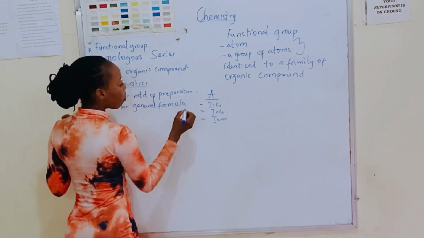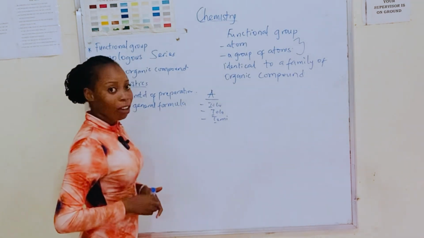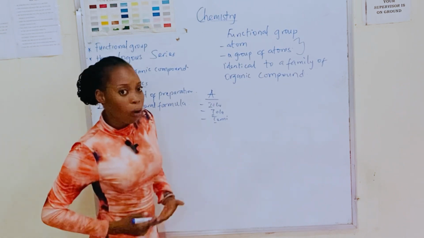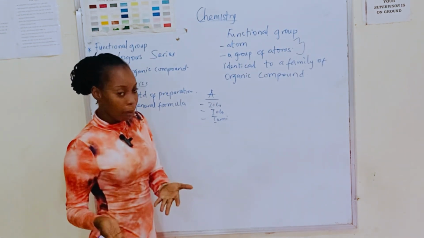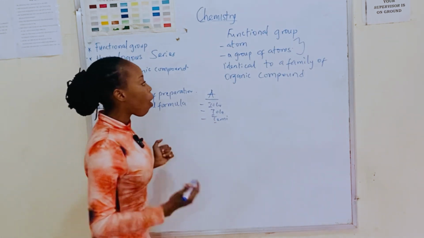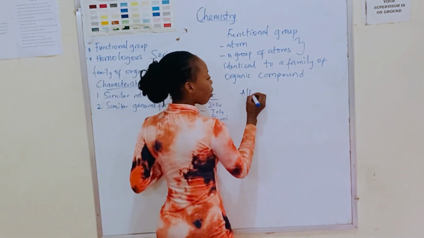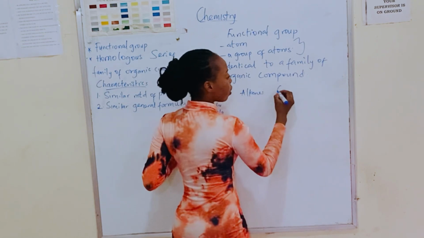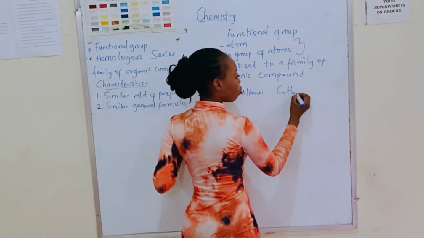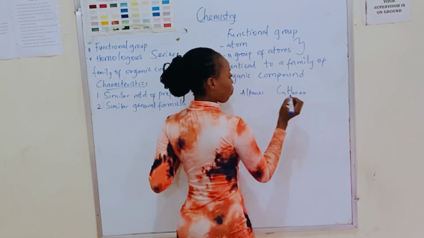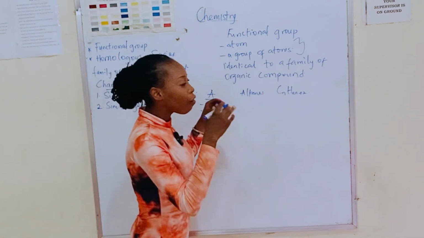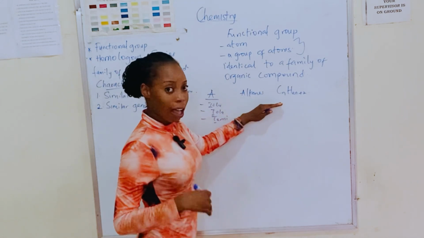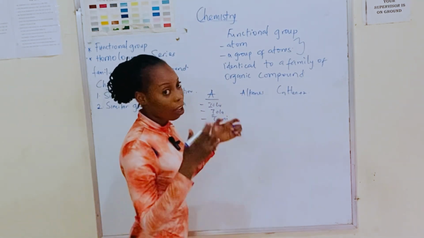That means there is a particular formula that you can use to keep getting the formula of each successive member. For instance, the general formula for alkanes is CnH2n+2. All of them have formulas that are peculiar to them that you can use to get the next member.